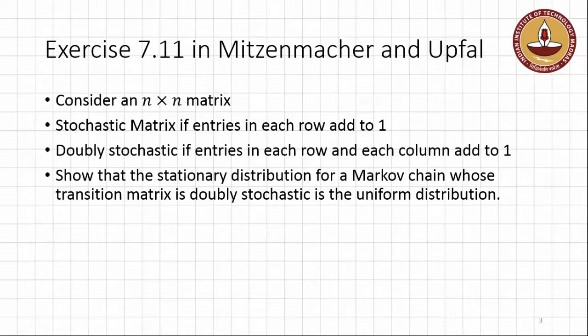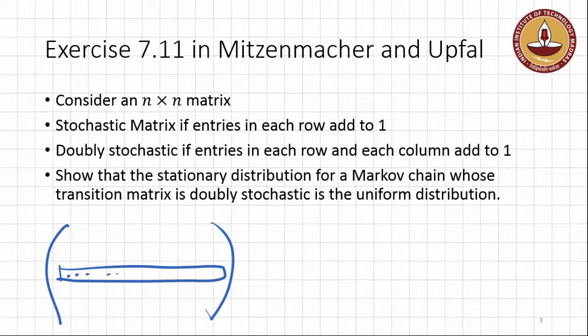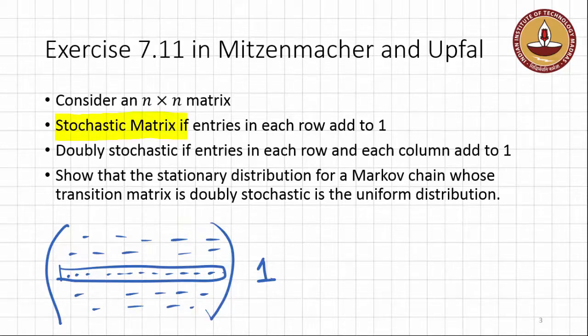So if you have an n cross n matrix, and you take any arbitrary row, and the entries in that row add up to 1, and this is true for every row, then we call such a matrix a stochastic matrix.